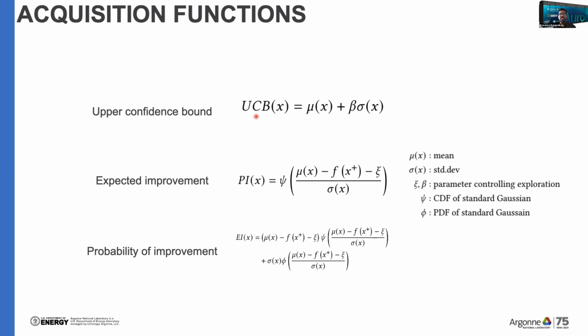UCB is for maximization. The corresponding minimization is LCB, but both are the same. Expected improvement has a similar formula: you can see mu of x, sigma of x, and probability of improvement. So these are various ways in which, given a probabilistic model, we select the next point.